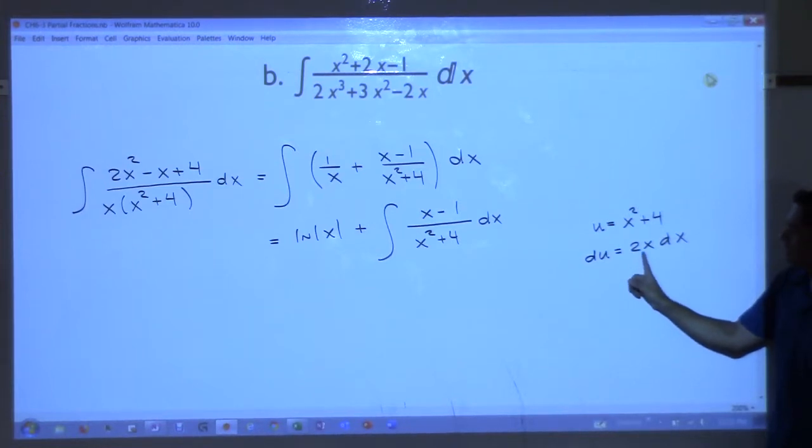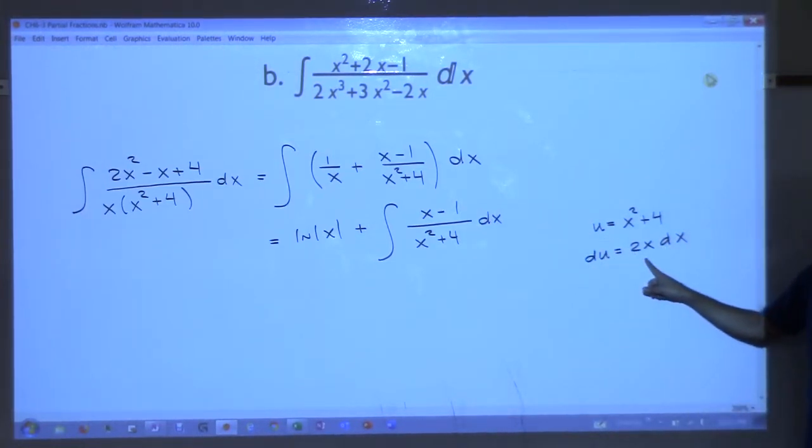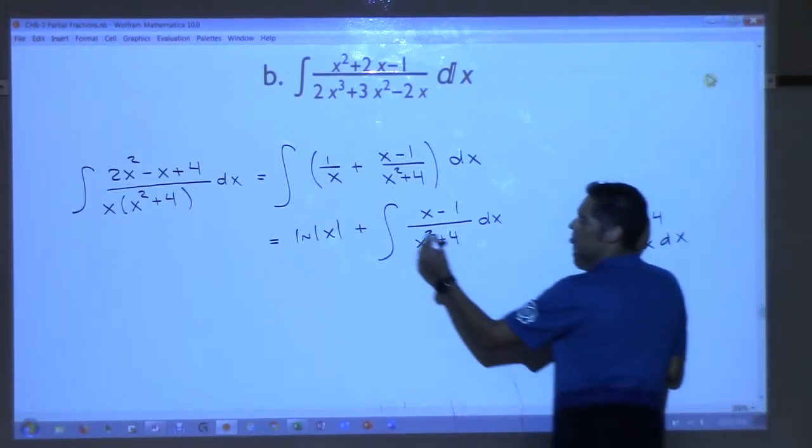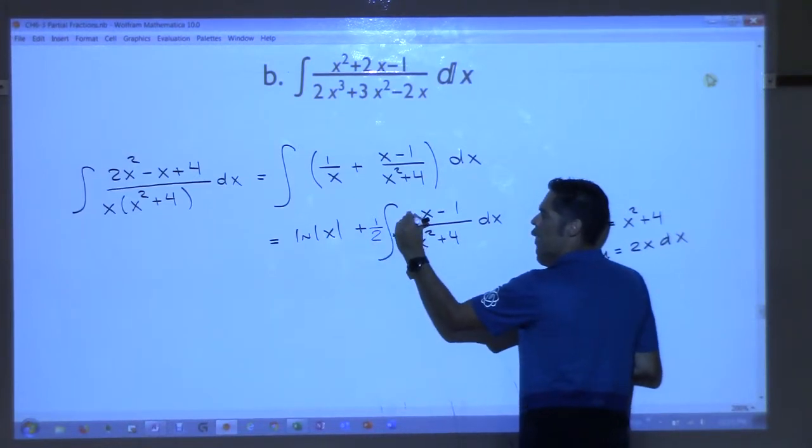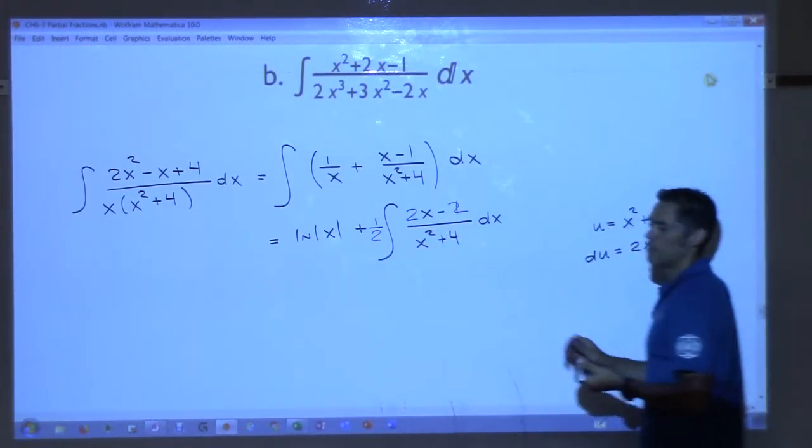So how can I make that turn into this? Multiply by 1, so I'm going to multiply by 2 over 2, so I'm going to have a 1/2 here, and the 2 I'm going to pass through makes that 2 and that 2.